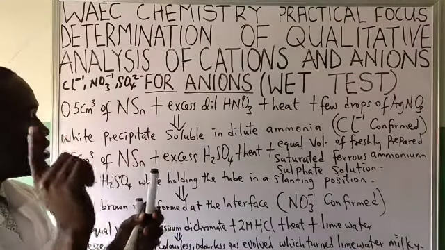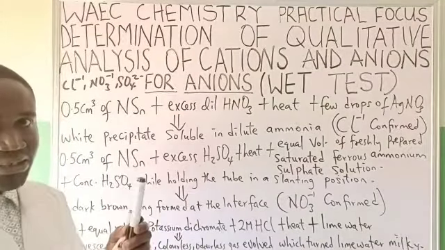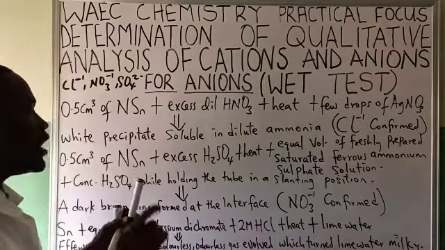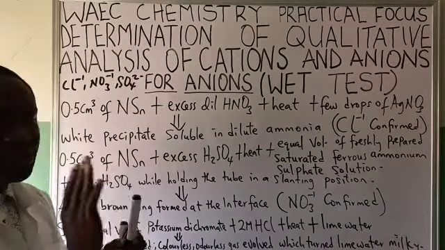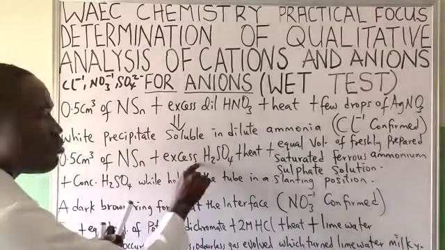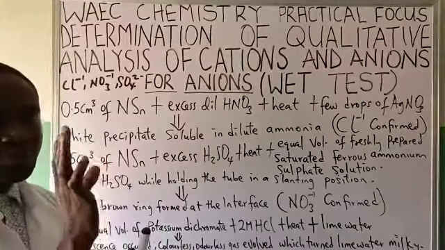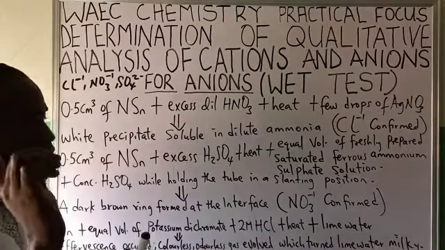If it turns red, it means the acid you have added is in excess. But if it is still retaining its blue color, you need to add more to make it turn the blue litmus paper red.